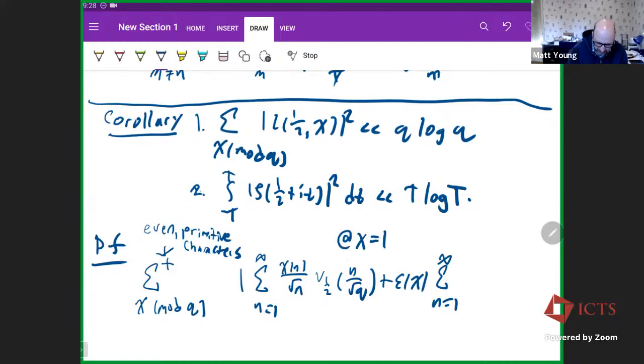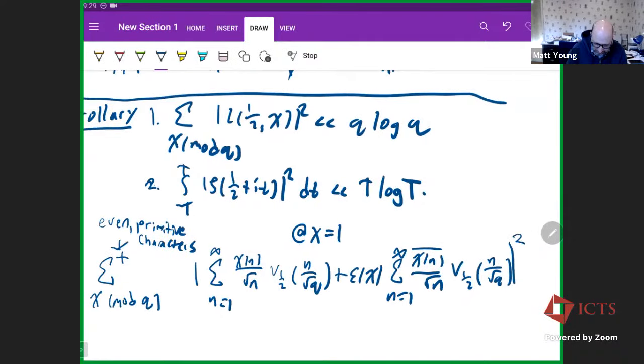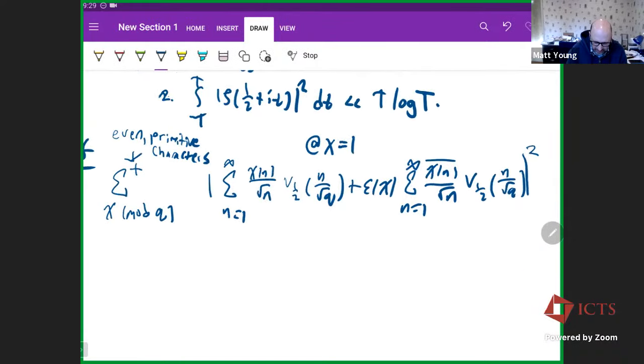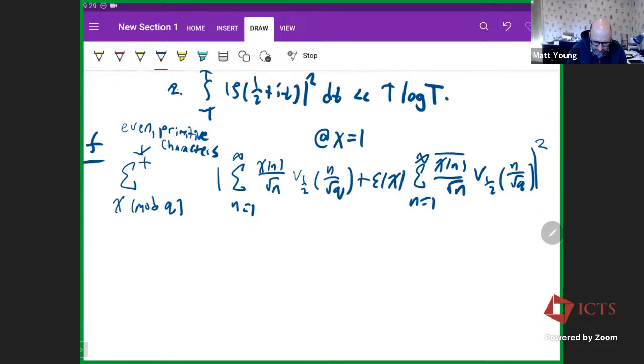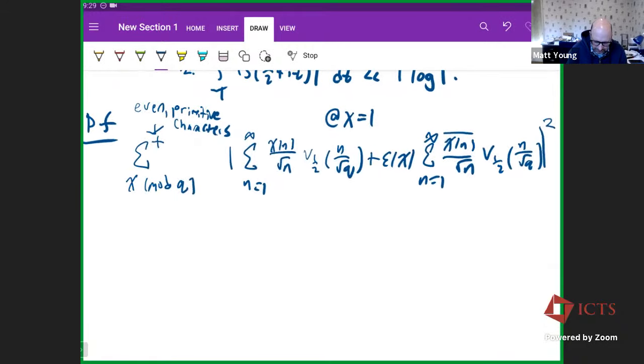In the approximate functional equation, you can pick this parameter x. We have chi bar of n over square root of n, and then V_{1/2}, also of n over root q, absolute value squared of this thing. So this is just writing in the approximate functional equation for the L function.